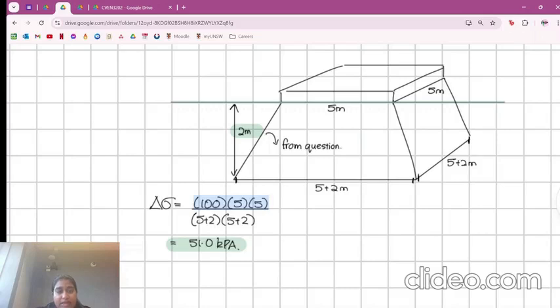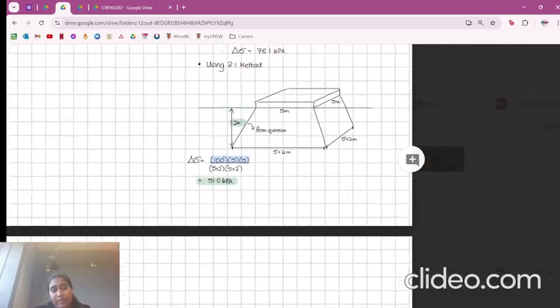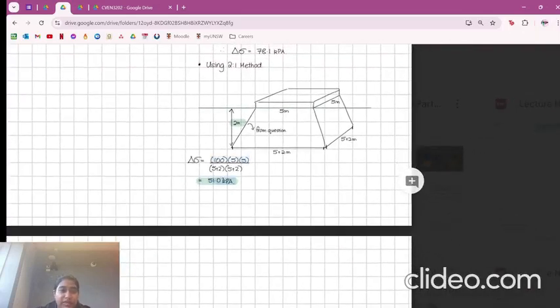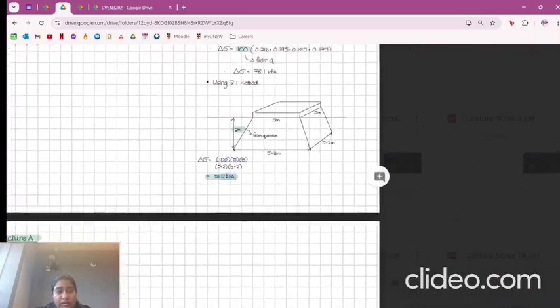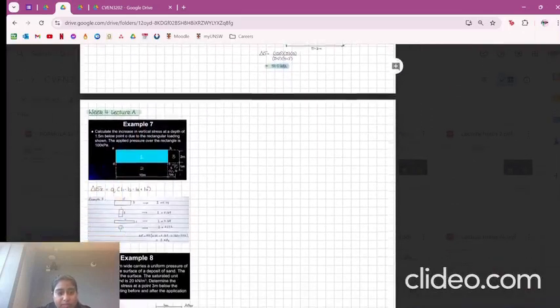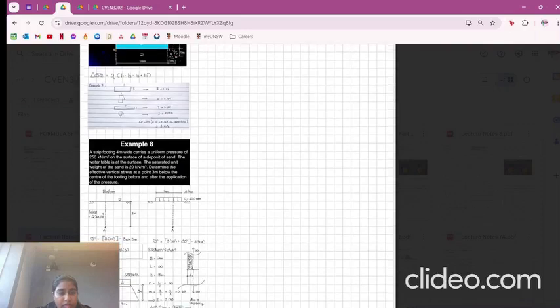So it's kind of like taking all of your values from the original surface and then dividing them by the new breadth and the new length, or like the new dimensions that have changed according to the Z value, which in this case is 2 meters. And then after that, they got a value of 51 kPa.